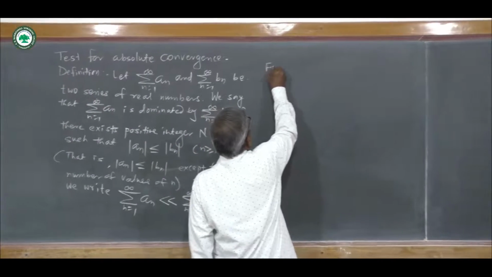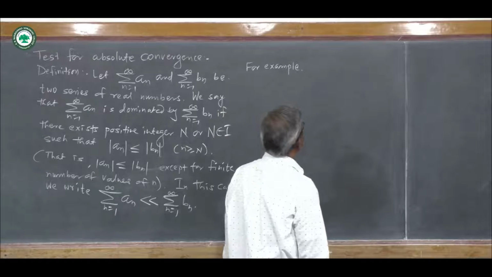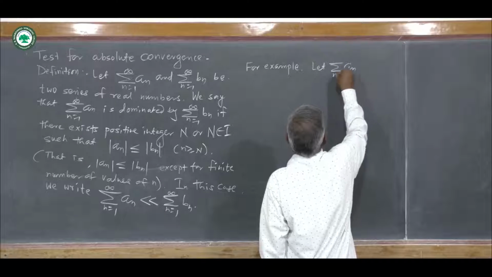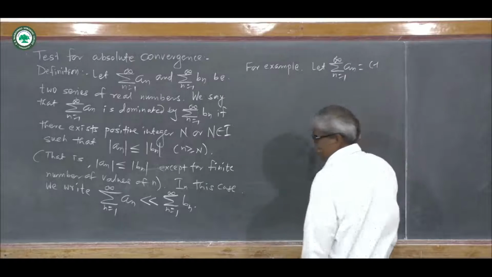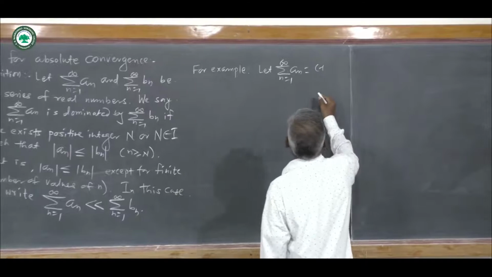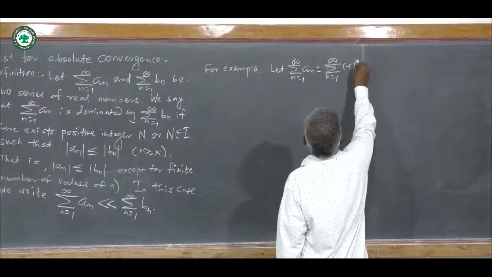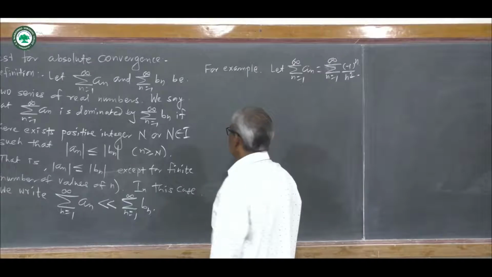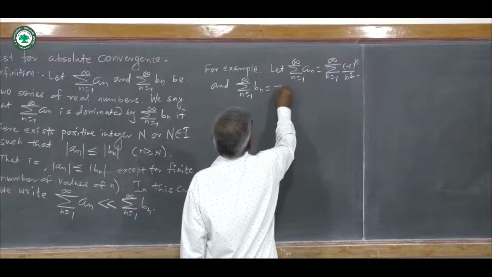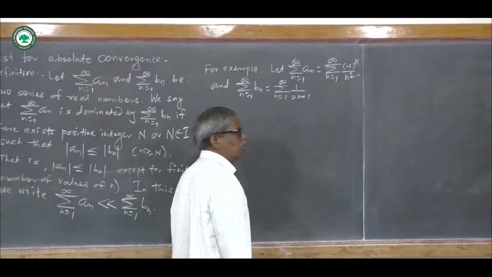For example, let summation a_n, n equal to 1 to infinity, be equal to summation of minus 1 raised to n upon n square, and summation b_n, n equal to 1 to infinity, be equal to summation of 1 upon 2n plus 1.